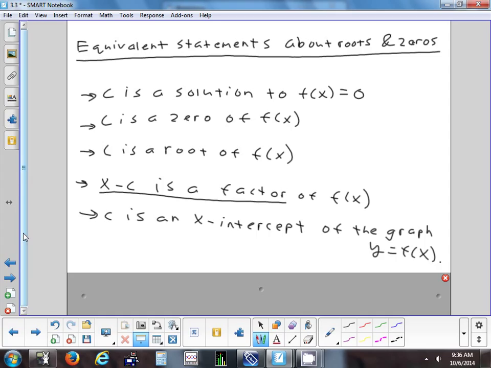How do you check it? See if you get remainder 0. If there's a remainder 0, then c is a root. Yep. Being a root and a factor is a very similar idea. You just have to say it a little differently. If 5 is a root, you wouldn't say 5 is a factor. If 5 is a root, x minus 5 is a factor.